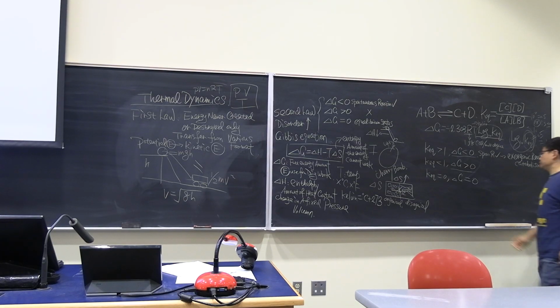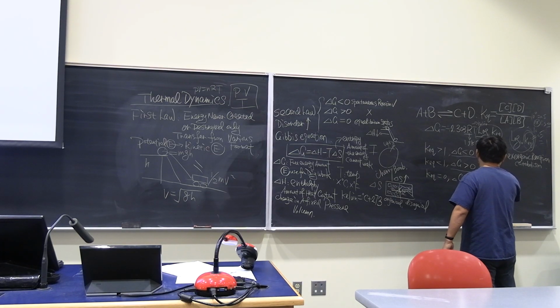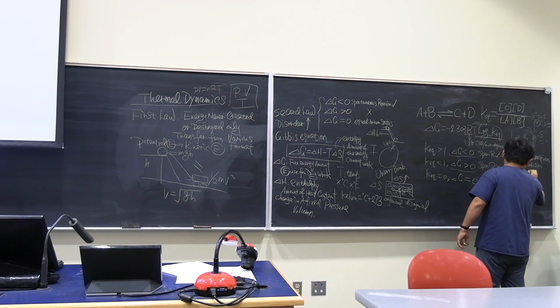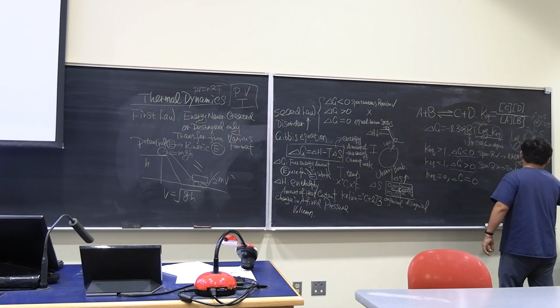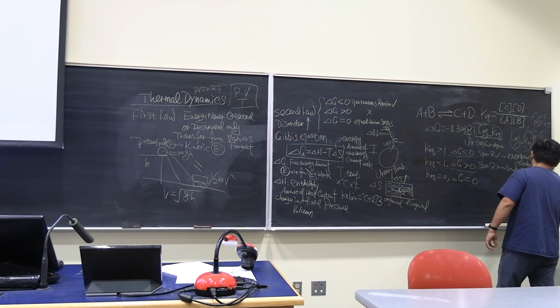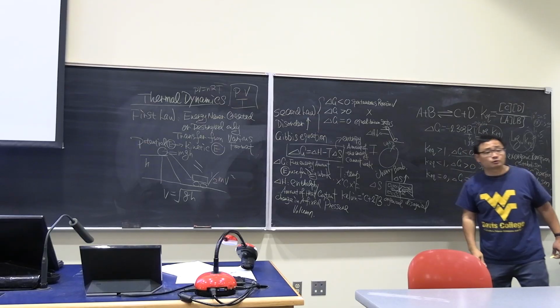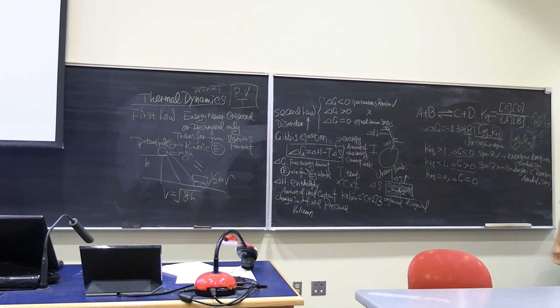Once delta G is positive, a spontaneous reaction will not happen. That is called an endergonic reaction, and this represents anabolism. Does anabolism react spontaneously? Of course not. If we want to build up something, you need energy.